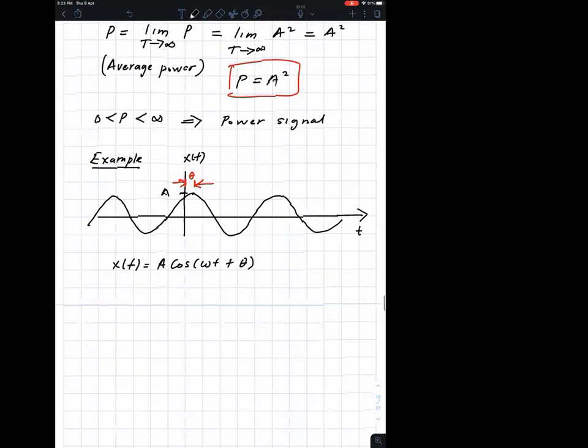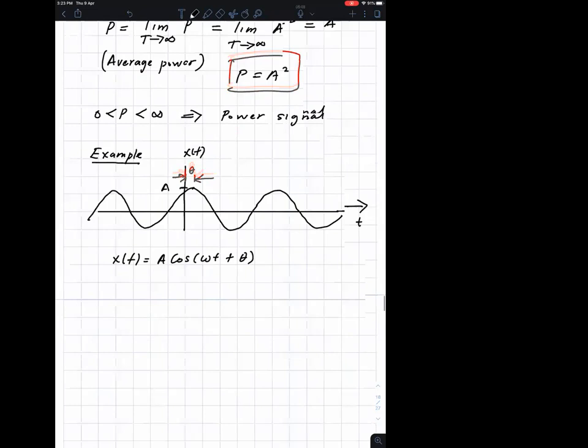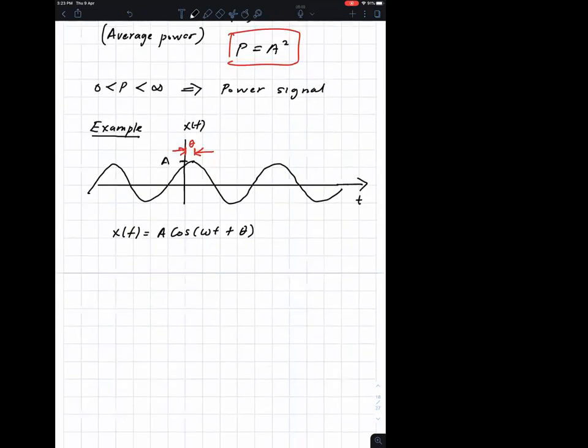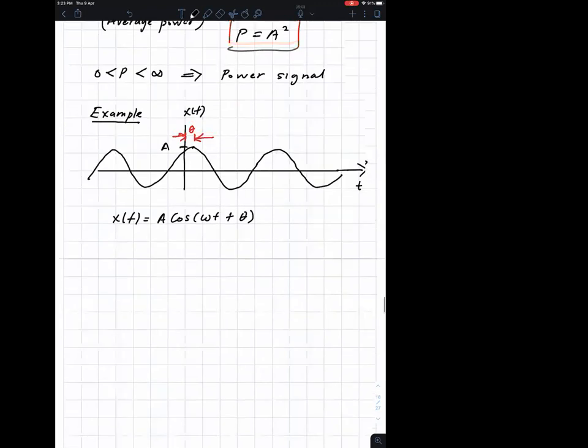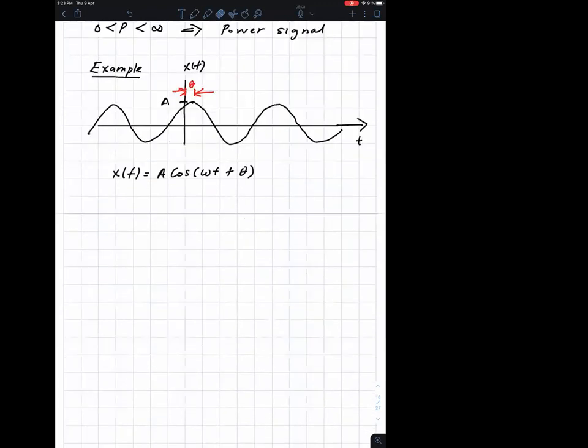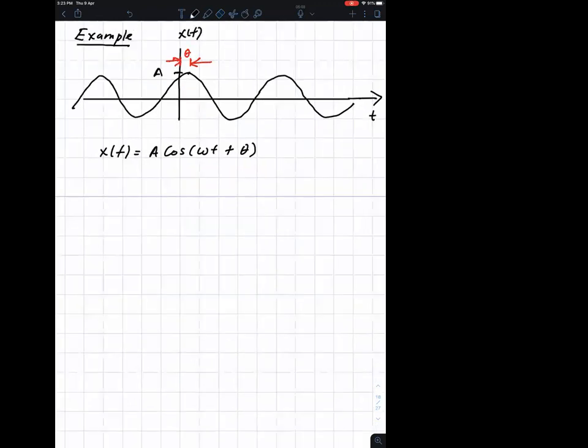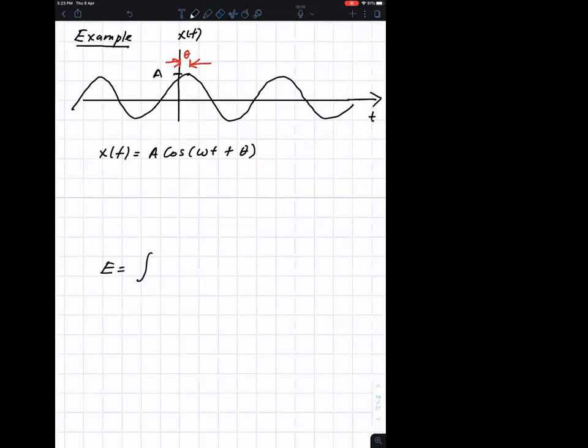Now we want to find the energy in the signal. In order to find the energy in the signal, we apply this formula: energy, integrating from minus infinity to positive infinity.